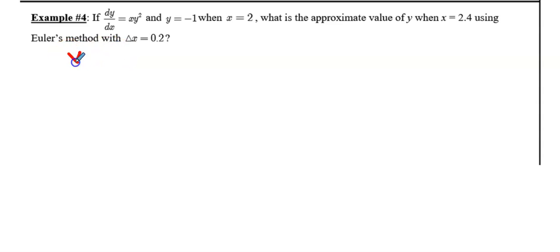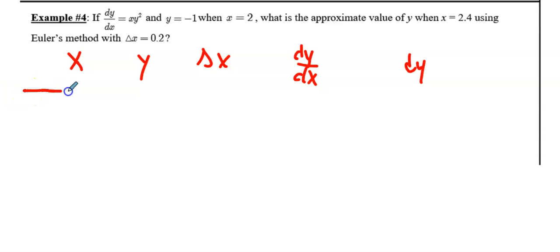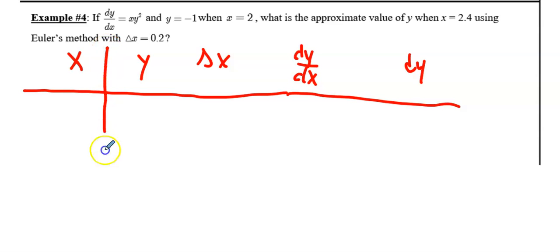So first thing I do is I write x, y, dy/dx, and dy. It really doesn't matter if it's delta x or dx. So here we go, and I start with my first column. x is equal to 2 when y is equal to -1.